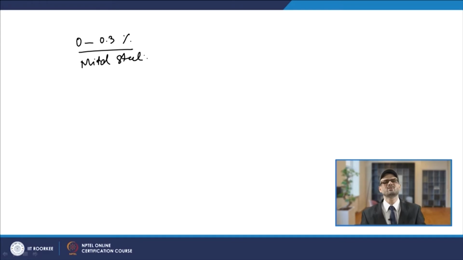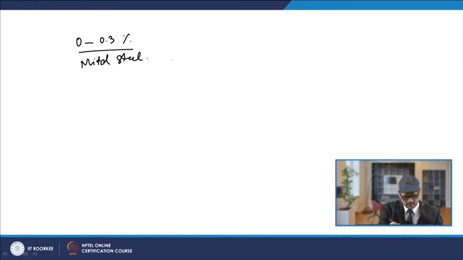They are normally known as mild carbon steel, and you can use them for chain links, nails and rivets, because here the ductility must be very high and the carbon percentage is less. So, you will have quite good ductility, and for that reason it is used.